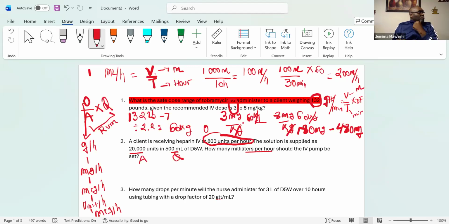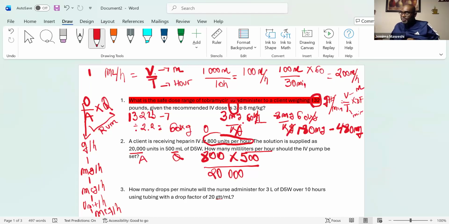So because it's in a unit per hour, this is my order. So the only thing I'm going to do, 800, I'm going to use my basic dosage formula, 800, I'm going to multiply that by quantity, which is 500, and then I'm going to divide this by 20,000.